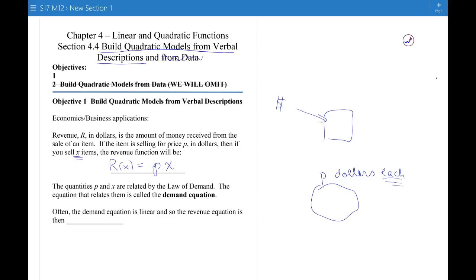If you have the per each and you want to know a total, you multiply. If each one costs $5 and you sell 10 of them, you multiply the 5 and the 10 to find out how much money you make.